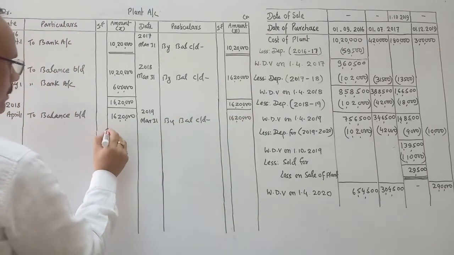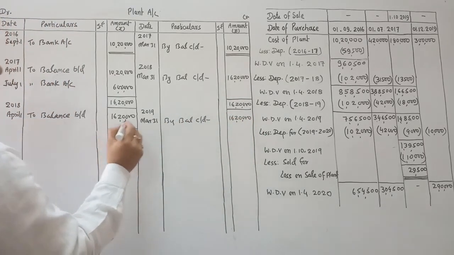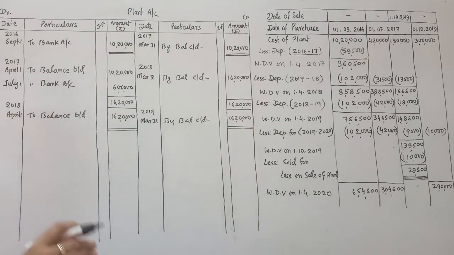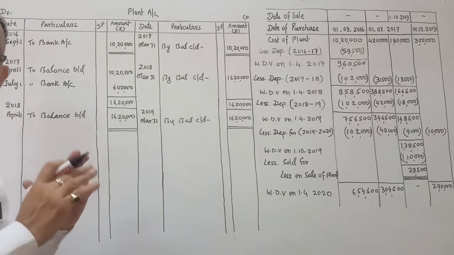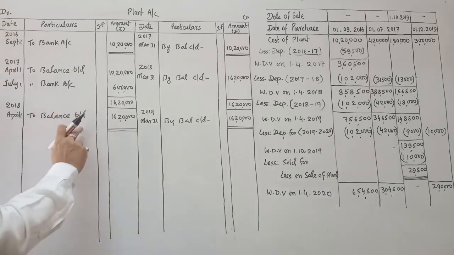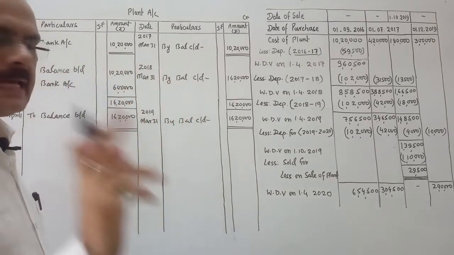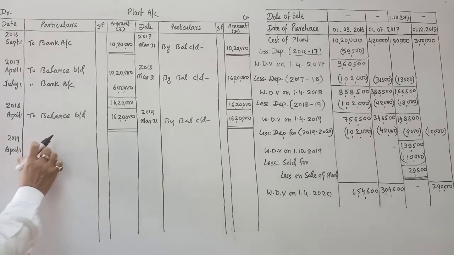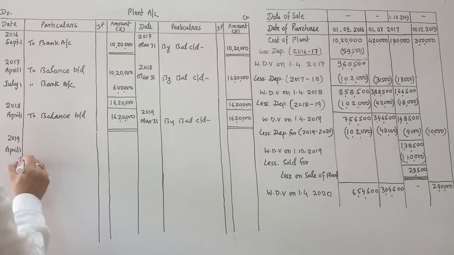Because no machine is purchased and no machine is sold in this financial year, the opening balance and closing balance will be the same. Now this will be brought down in the next financial year, 2019 April 1st.